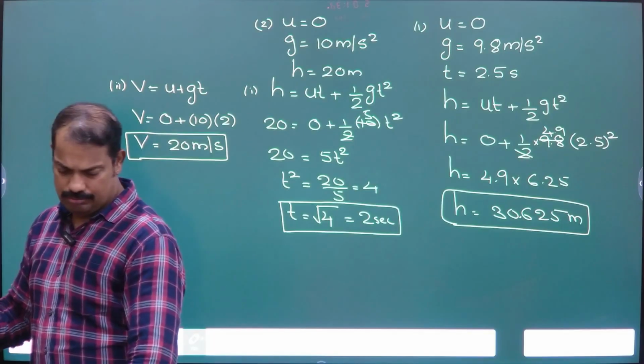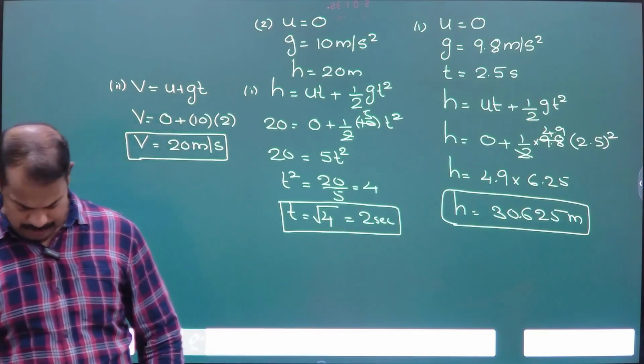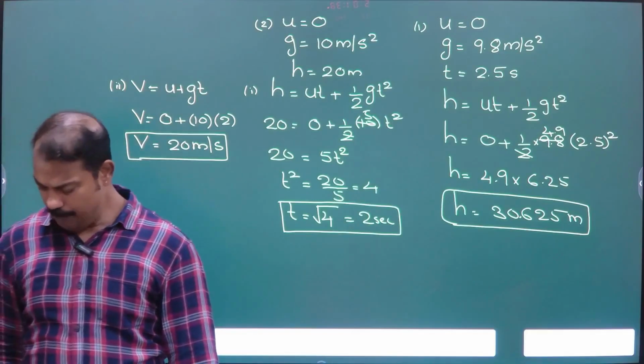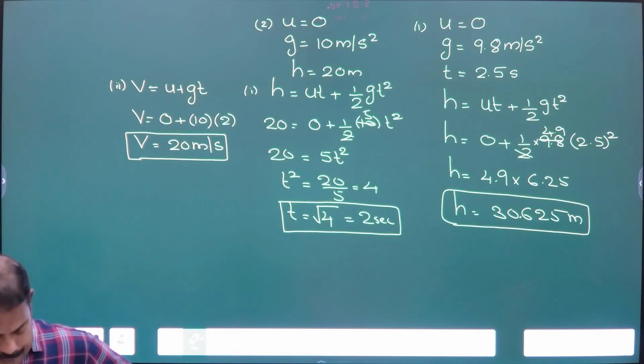A stone is thrown vertically upwards with a speed of 20 meter per second.